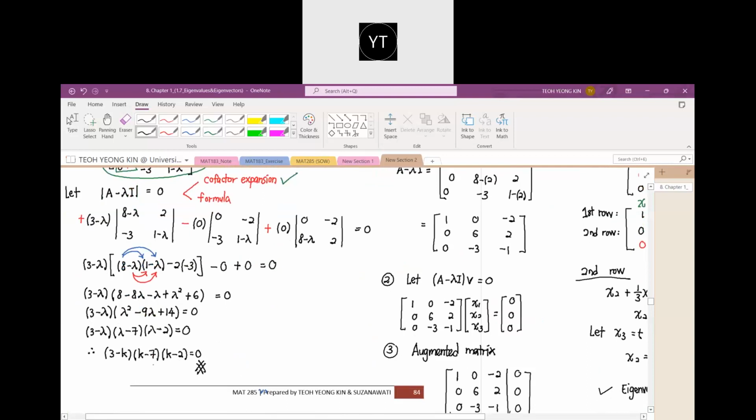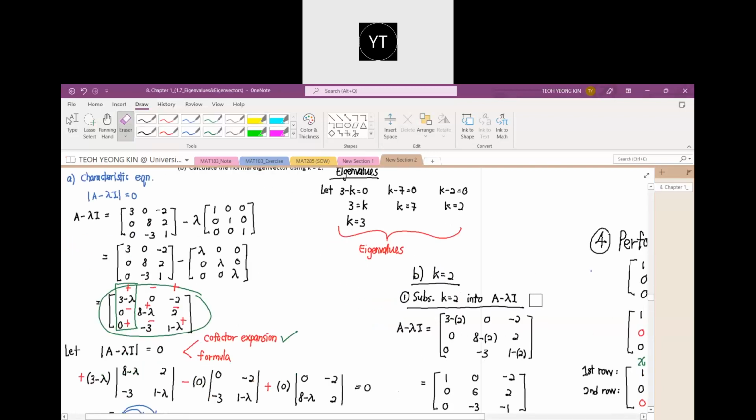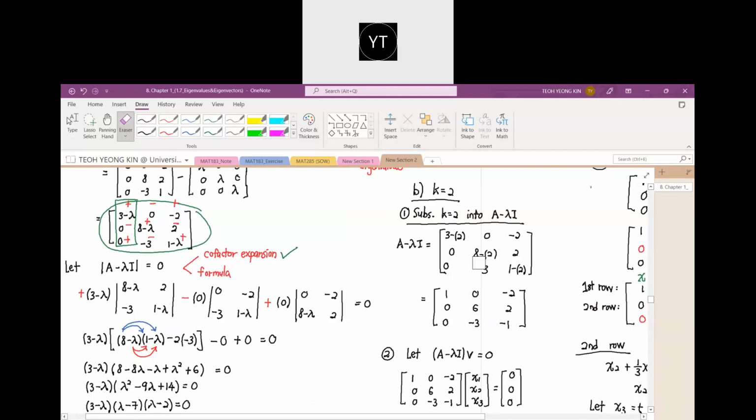Dia minta kita tunjukkan kita punya characteristic equation. So this is our eigenvalue. Sorry, excuse me. So this is our eigenvalue. So from this eigenvalue, the question will mention by using k is equals to 2 or the smallest value. The question will definitely mention what value eigenvalue that we're going to use. Dia akan mention, jangan risau.